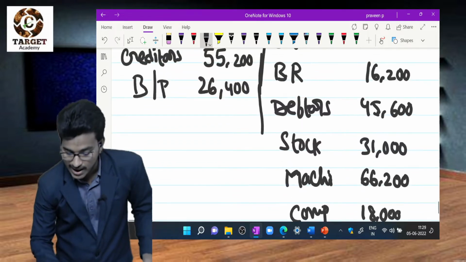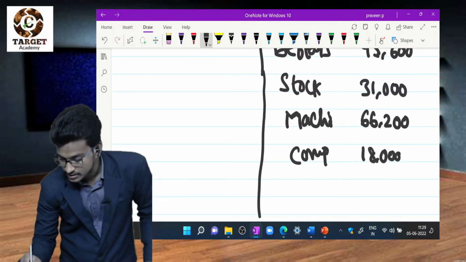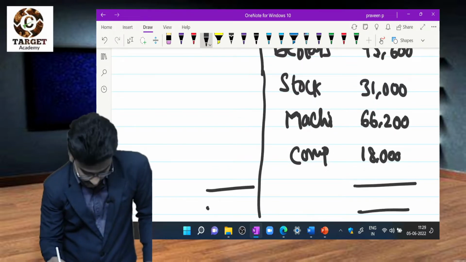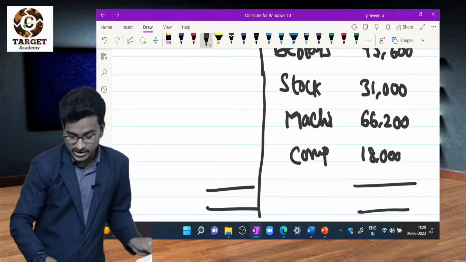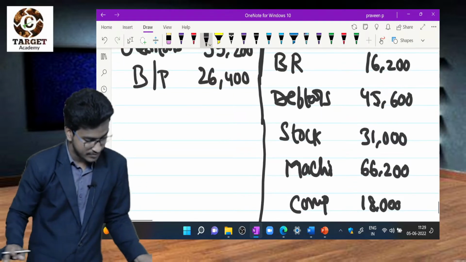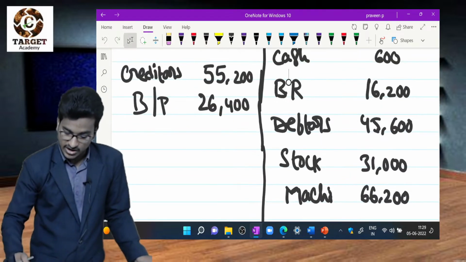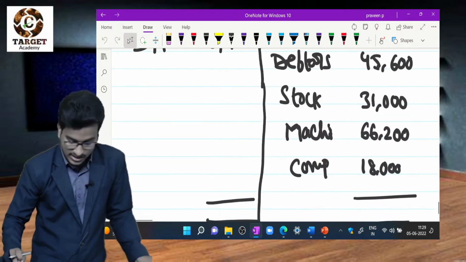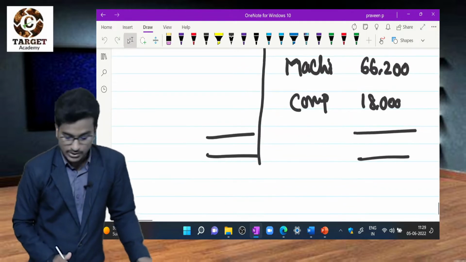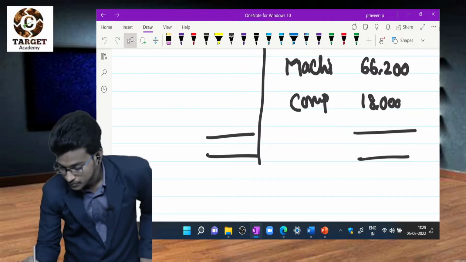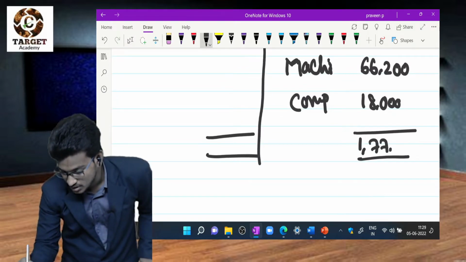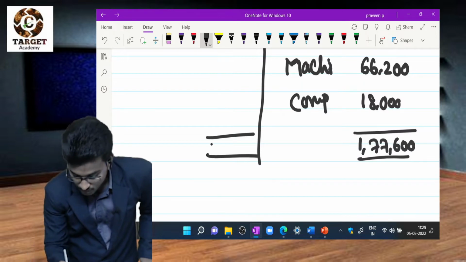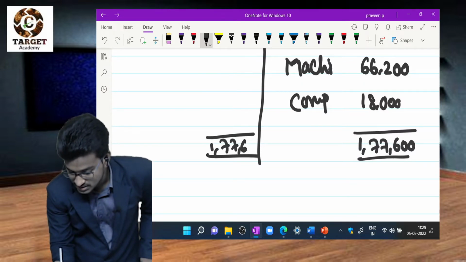Then close the balance sheet. Please calculate and tell me the total figure. 600, 16,200, 45,600, 31,000, 66,200, 18,000. Okay, 1,77,600.